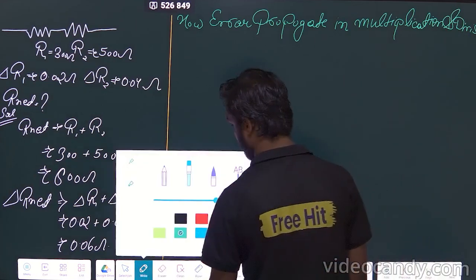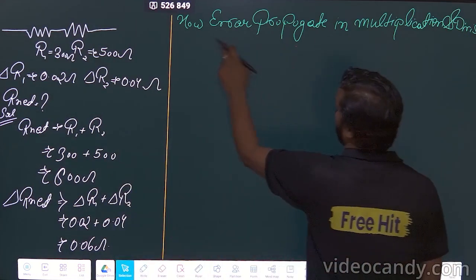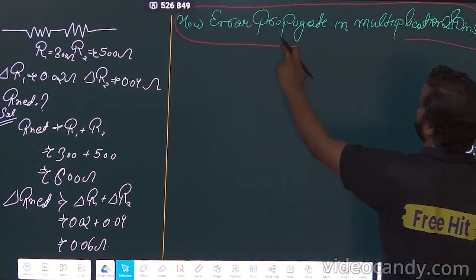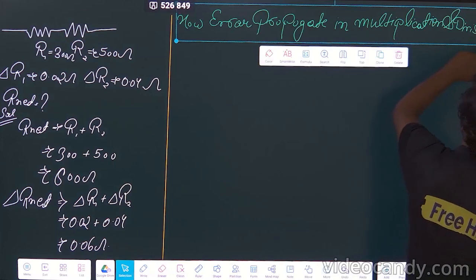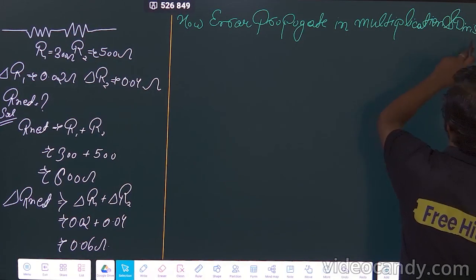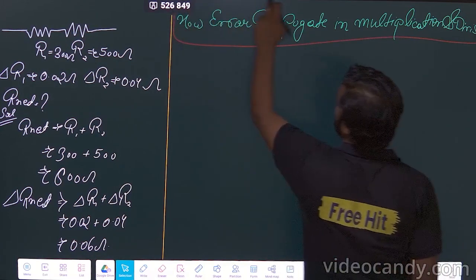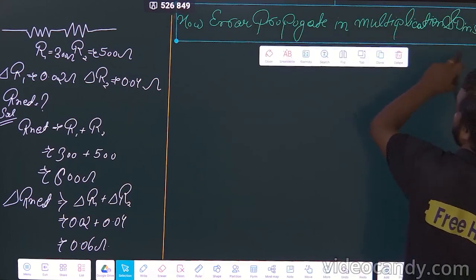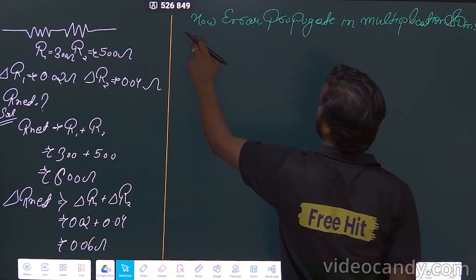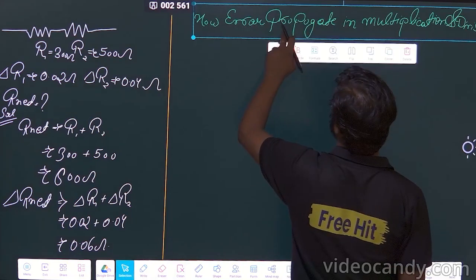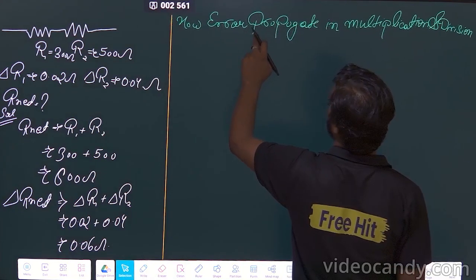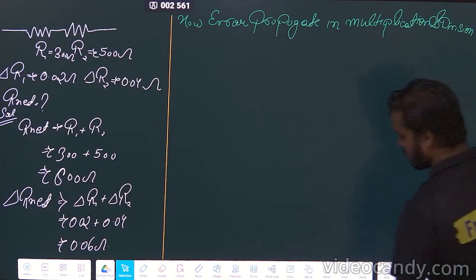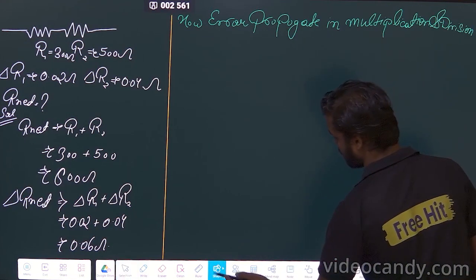Okay, how it is going to propagate in multiplication and division, let us see.